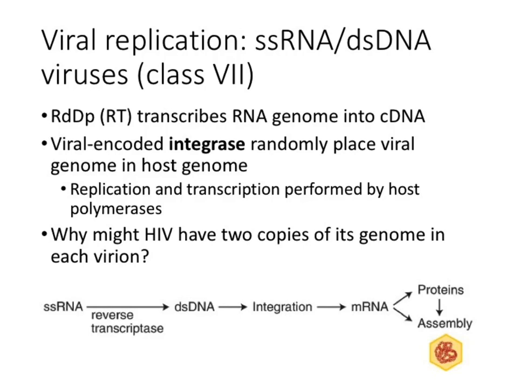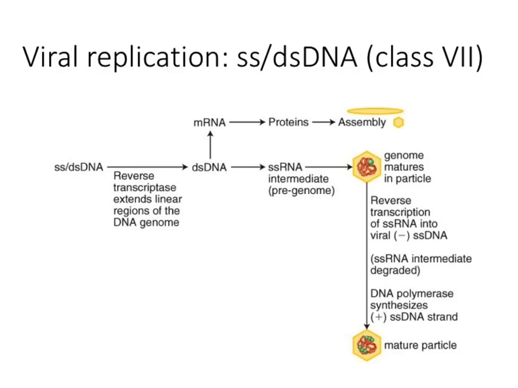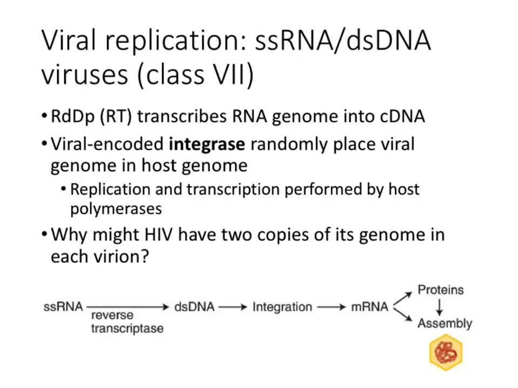For its genomic material, it goes from a positive single-stranded RNA to double-stranded DNA, and then it gets incorporated into the host genome, and from there mRNA is made, and that's just one polyprotein that breaks off into its own respective proteins.